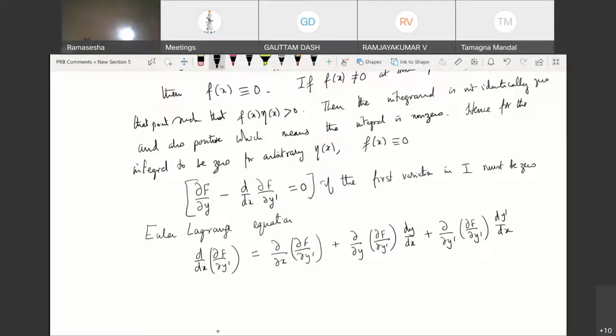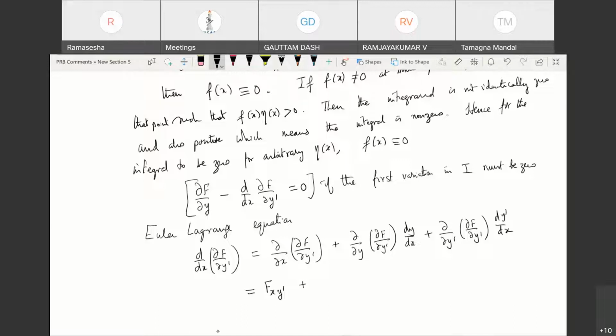And dy prime by dx is d squared y by dx squared. So that is f of x y prime, where we are partially differentiating f with respect to x and y prime, and the second one is f of y y prime dy by dx, plus f of y prime y prime d squared y by dx squared.